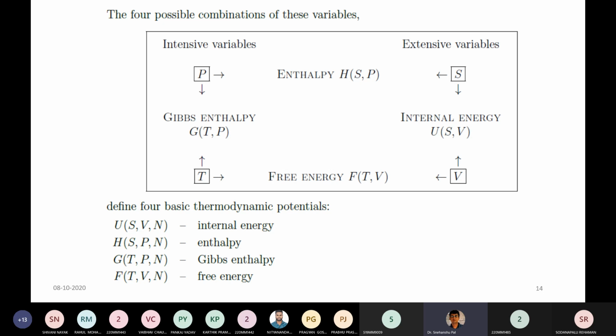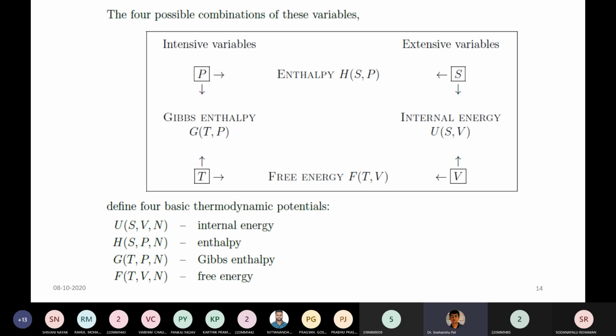Now, if you want to know about Gibbs free energy or internal energy, we start with the internal energy. Internal energy is a function of entropy and volume, both extensive variables, and it itself is an extensive variable, which means it depends on the amount of matter or mass of the system.